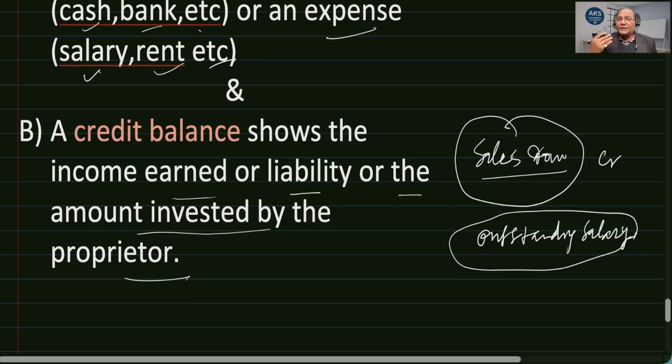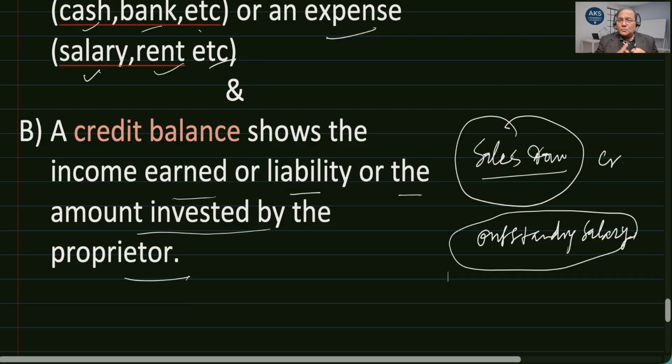If the proprietor has invested an amount in the firm, then it is a liability to the proprietor. This is a very important thing: anything which is due by the business to an outsider is a liability.